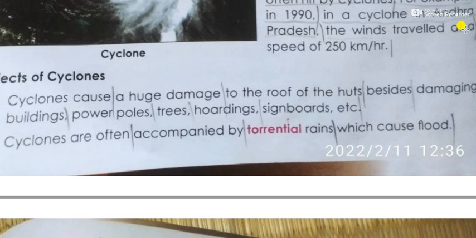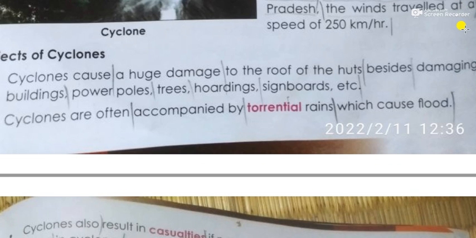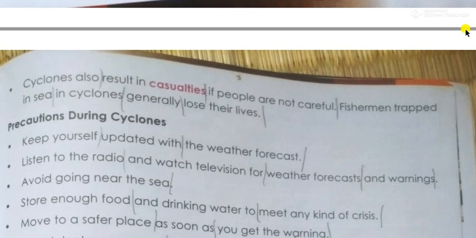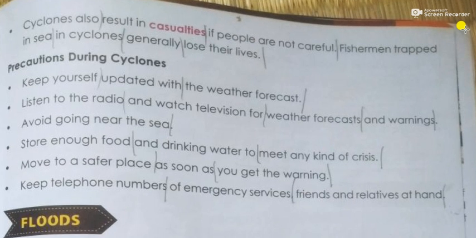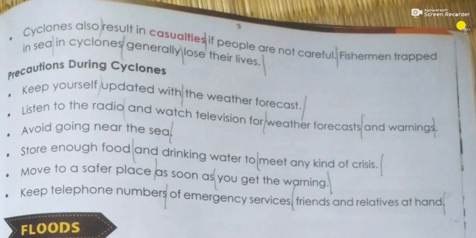Cyclones are often accompanied by torrential rain, so whenever a cyclone comes, heavy rainfall will be there. Cyclones also result in casualties.